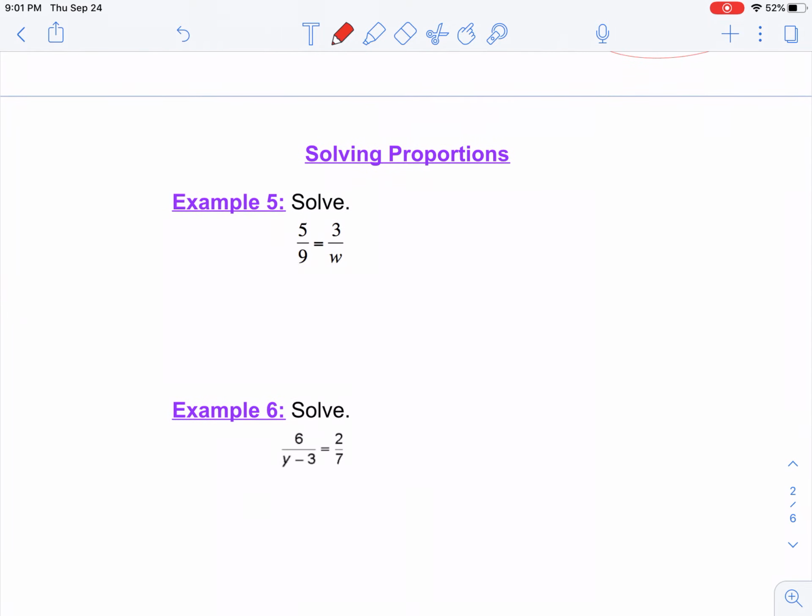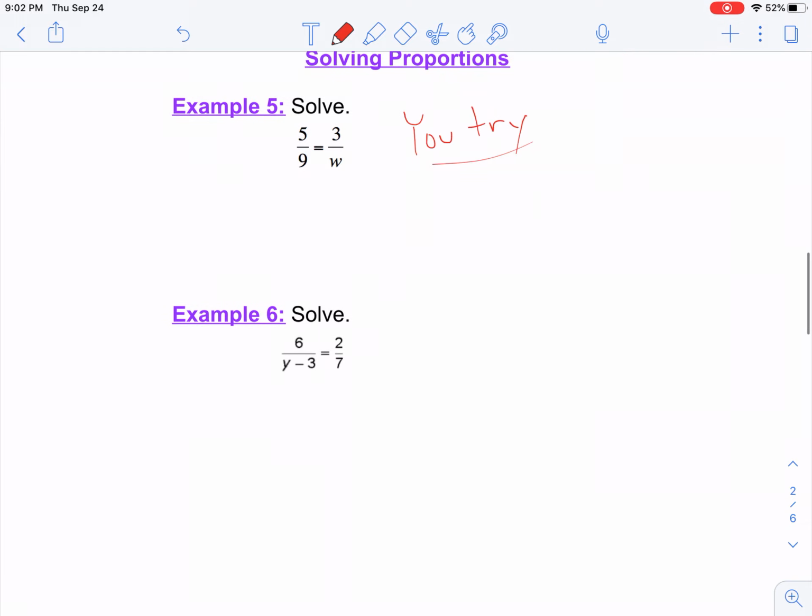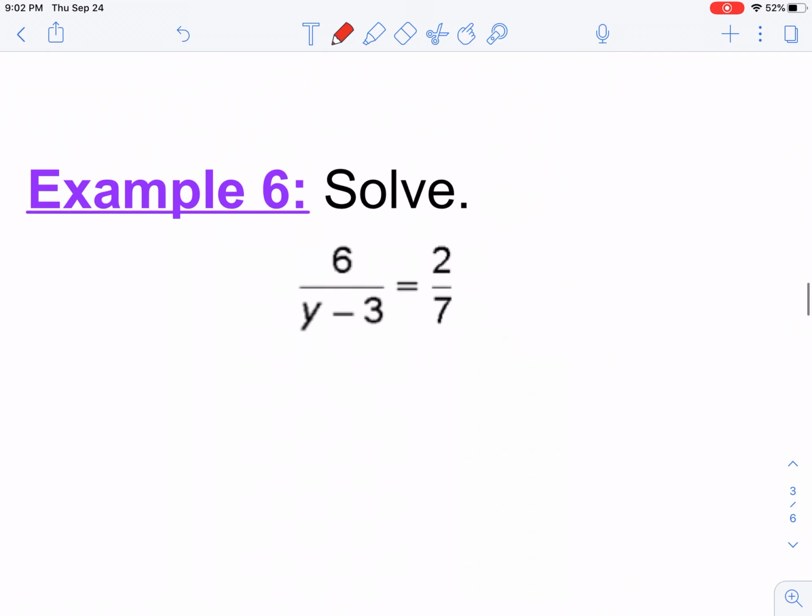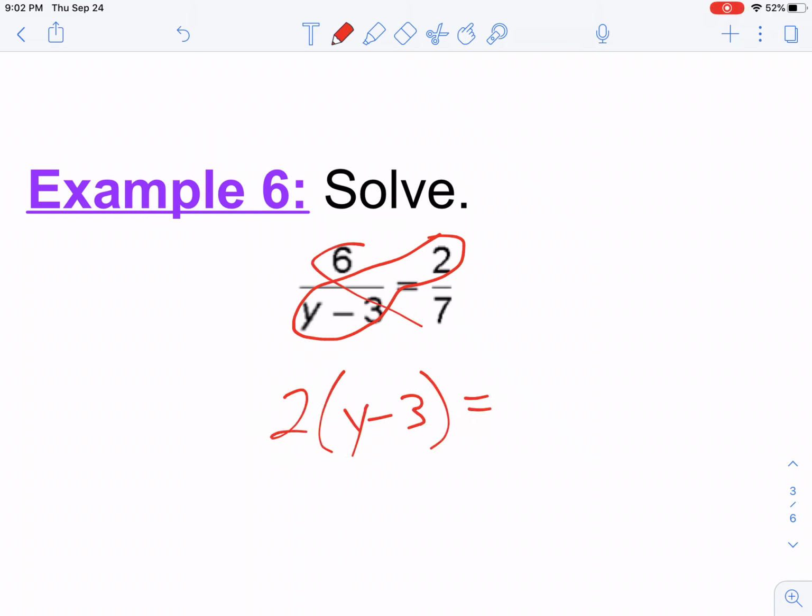All right, you guys could try this one on your own. You try this one right here. Just be careful when you cross multiply. You have to distribute sometimes. So it's 2 parentheses y minus 3 equals 6 times 7, which is 42. So you'll have to distribute if you ever have an expression like y minus 3.